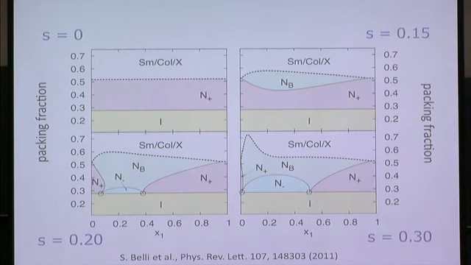So if you draw the phase diagram of the monodisperse system, it doesn't really depend on the size of your particle, but only on the aspect ratio if you plot it against the packing fraction. So you see my point.